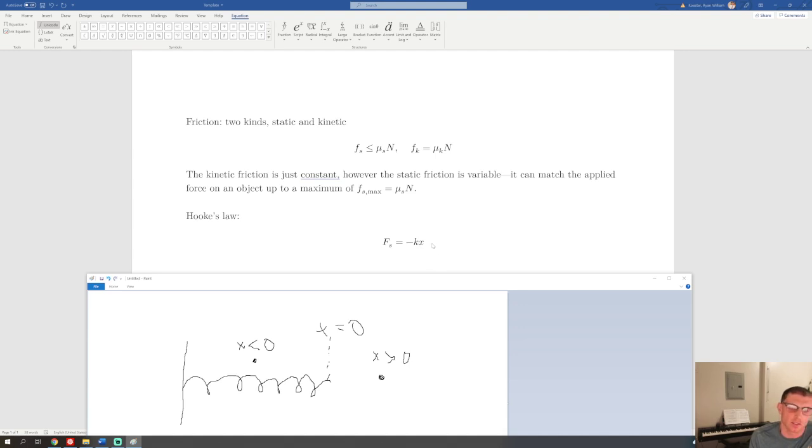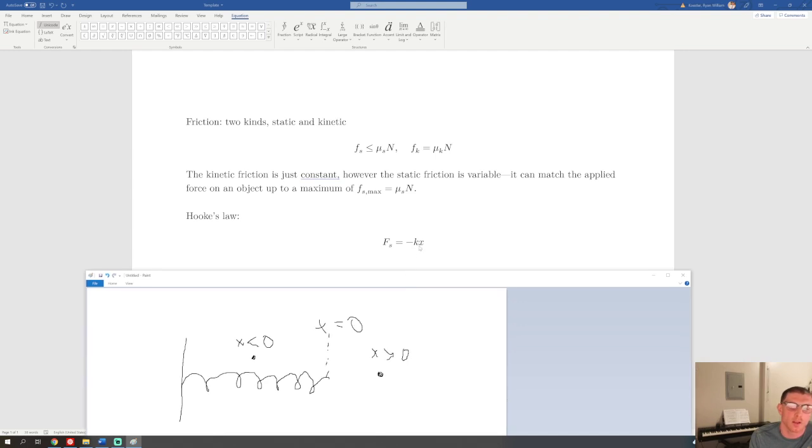That's the thing that is important to remember. And x can be positive or negative. So basically, the reason there's a negative sign in here is because we're allowing for x to be positive or negative. But as I said, if you can just remember that the force the spring exerts will always want to point toward the equilibrium position, then you're good.